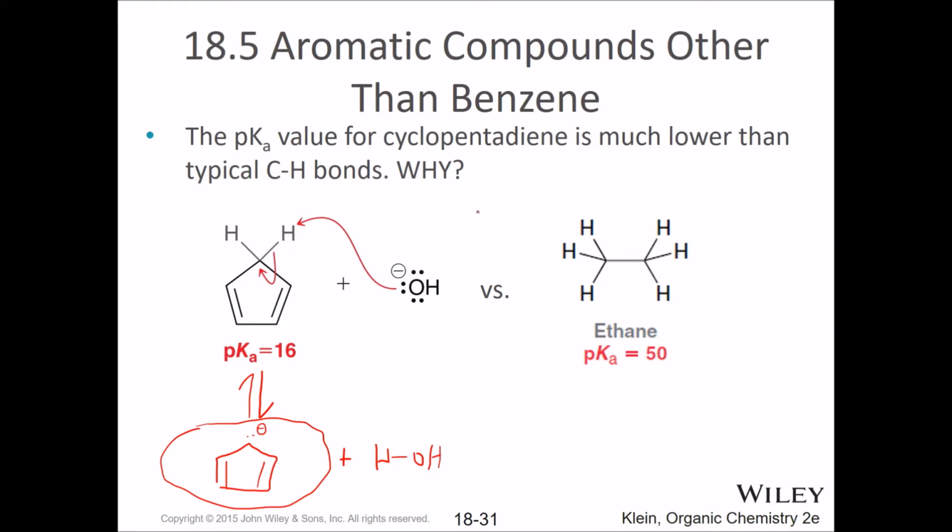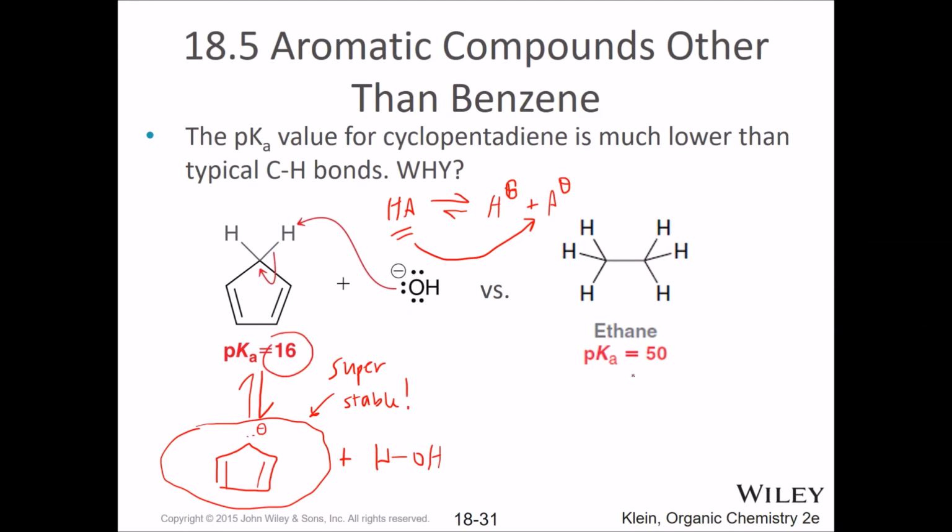Now you remember that HA, the acid, is in equilibrium with H plus and A minus. The strength of this acid is always mapped over to the stability of that conjugate base. So if this is super stable, that's going to be a better acid, right?